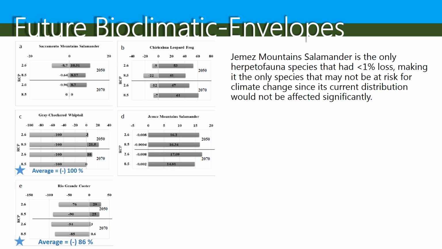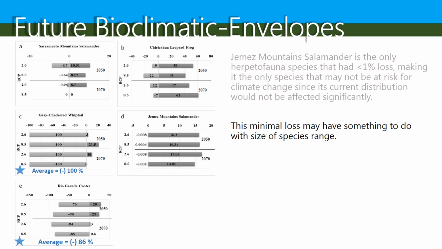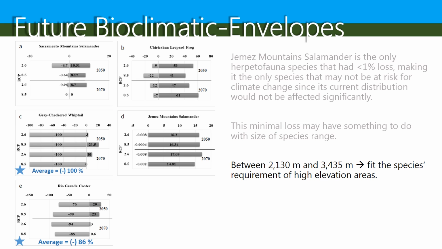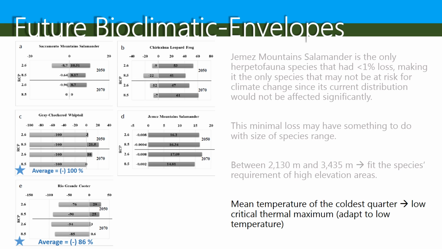This minimal loss of the Hemes mountain salamander may have something to do with the size of the species range. We did check the projected areas of the Hemes mountain salamander, and those areas are on elevations between 2130 and 3435 meters, which are elevations that fit the species requirement of high elevation areas.